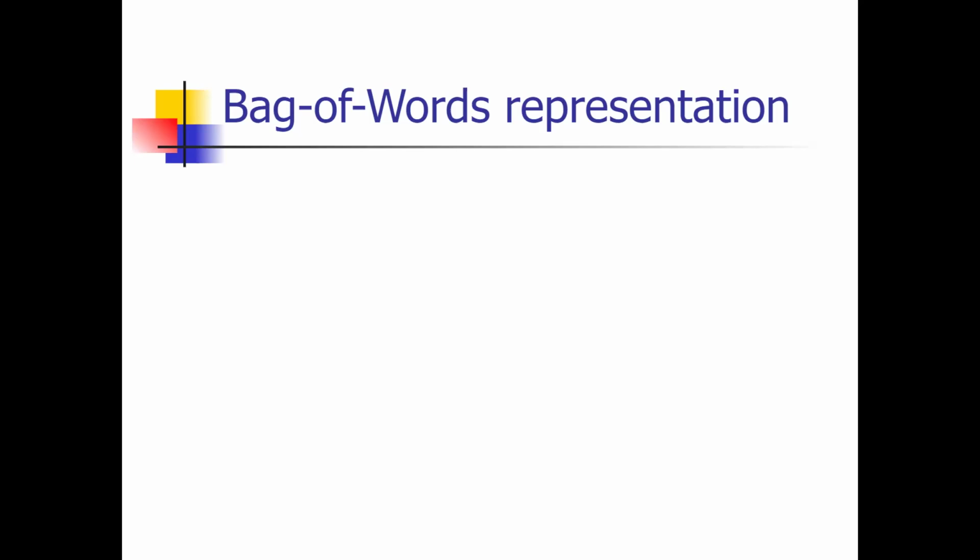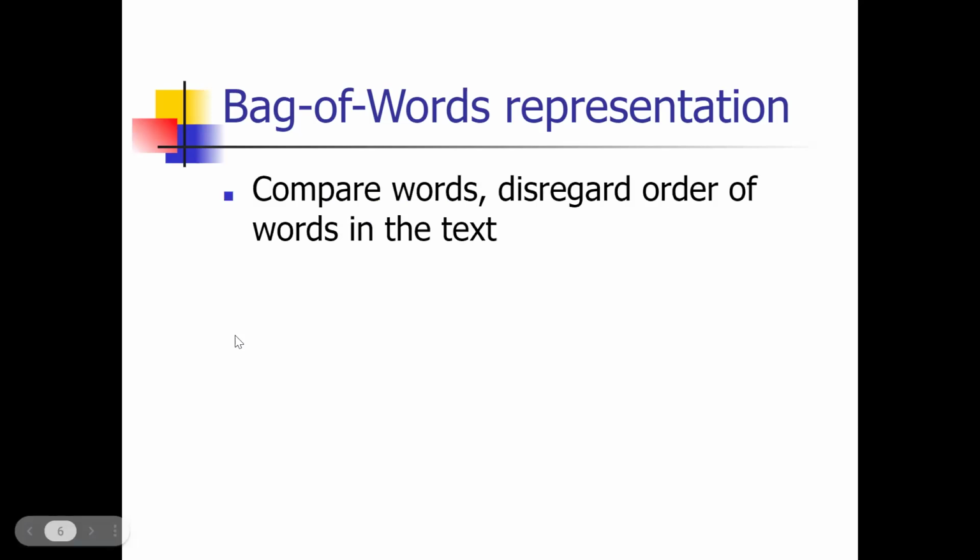So this is a way of extracting features from the text. It's very simple and very flexible. There are many other advanced techniques which we will discuss later on. For the time being, it's a representation of a set of words we call the vocabulary, right? Simply, it will compare words, and it will not consider any ordering in the text.